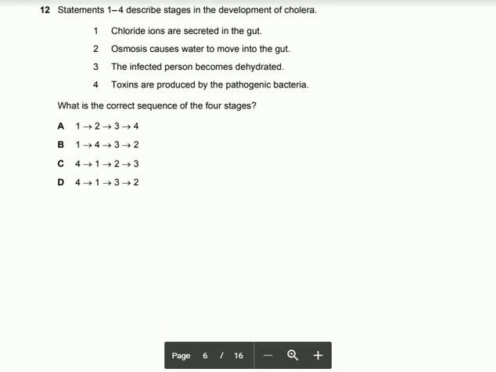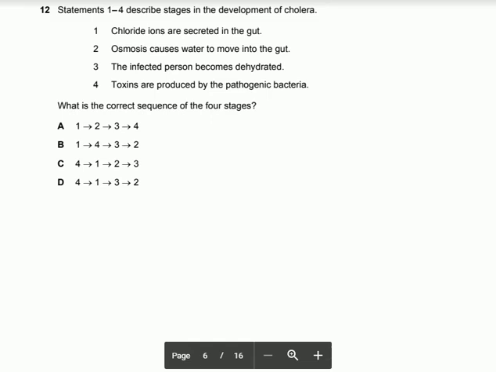Statements 1 to 4 describe the stages in the development of cholera. Chloride ions are secreted in the gut. Osmosis causes the water to move into the gut. The infected person becomes dehydrated and toxins are produced by the pathogenic bacteria.